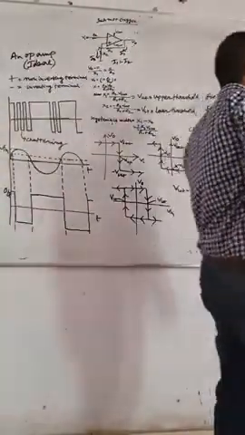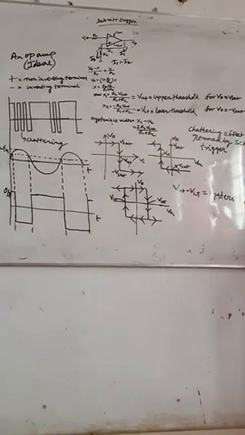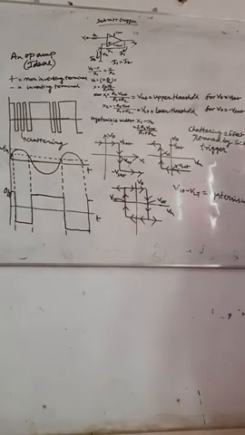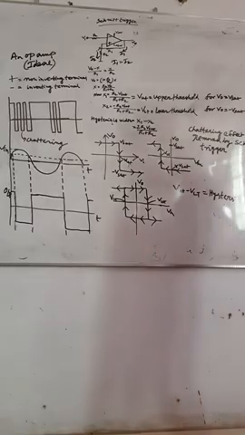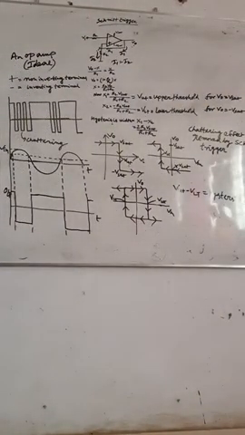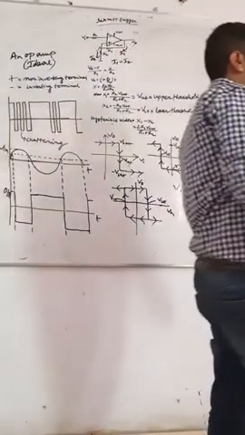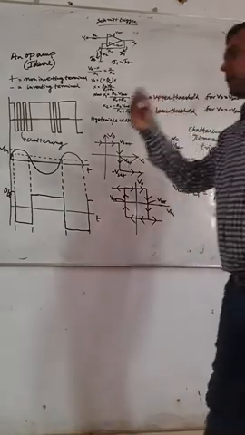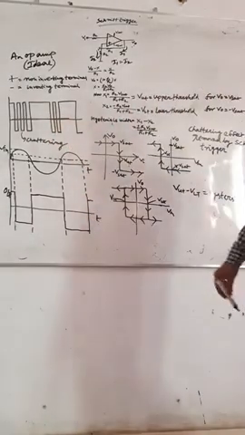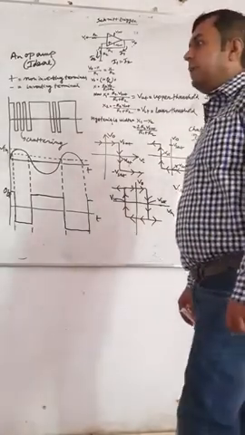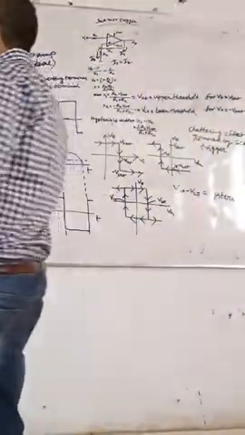Now for an ideal op amp, the output is saturated between plus V saturation voltage and minus V saturation voltage. That is the maximum an ideal op amp can work. That means we have restricted the op amp voltage between plus V sat and minus V sat.